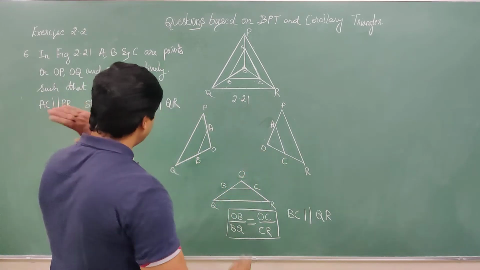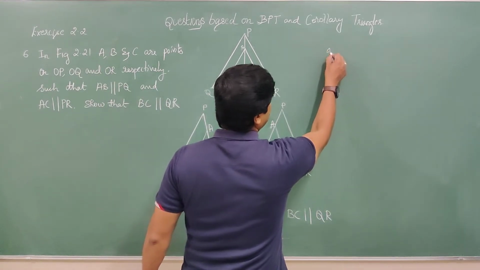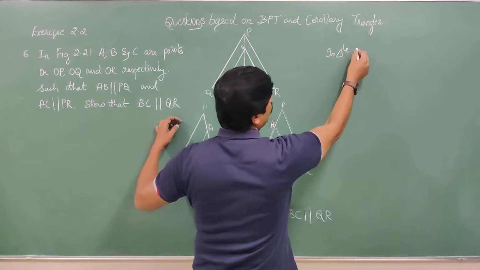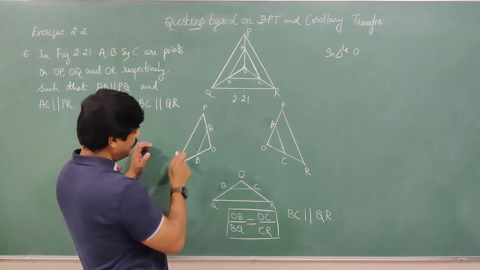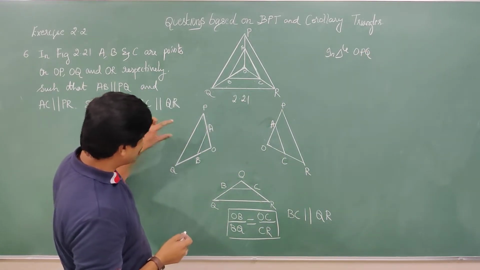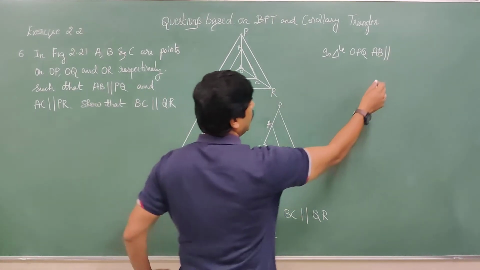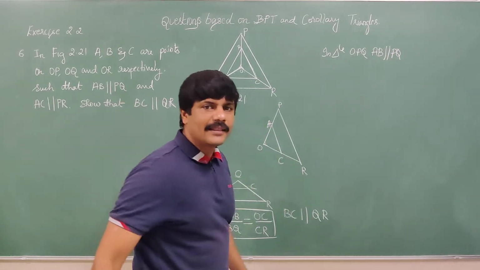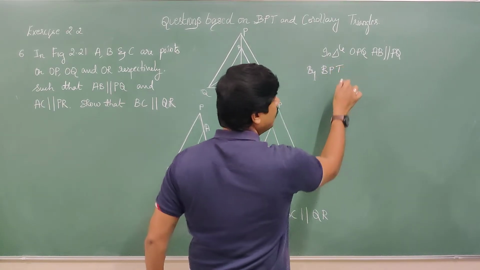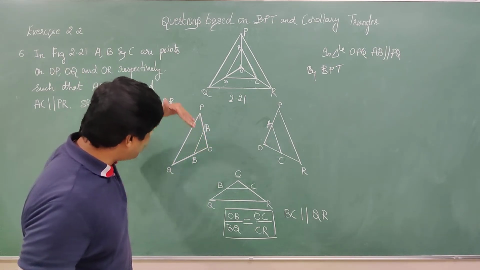Now see, in triangle OPQ, given AB is parallel to PQ. If parallel is given, then sides are proportional by BPT. By the basic proportionality theorem, we can directly apply that: the other two sides divide in the same ratio.